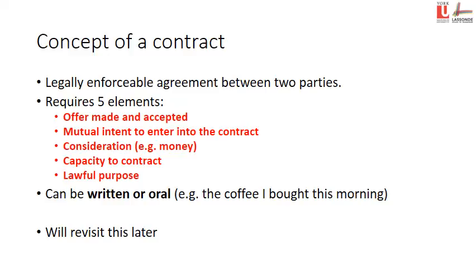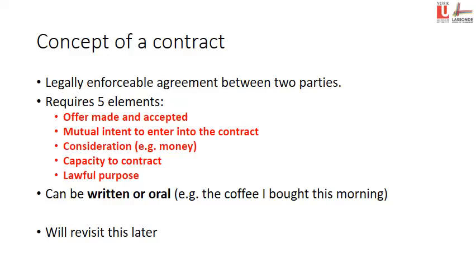There has to be some form of consideration, so there has to be some benefit or negative impact to both parties. There has to be a capacity to contract, so for example, children are often not in a capacity to build a legal contract, although there are places where they can. And you can only have a contract that does something legal.